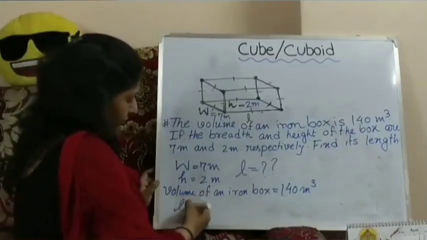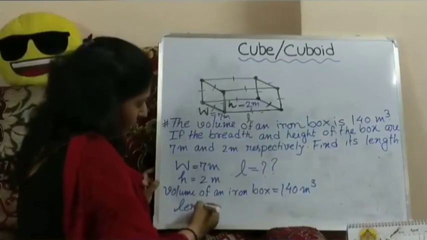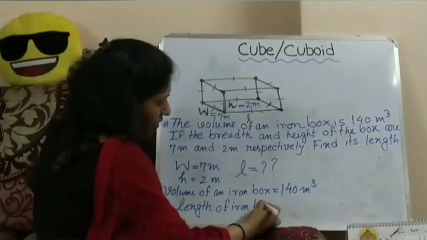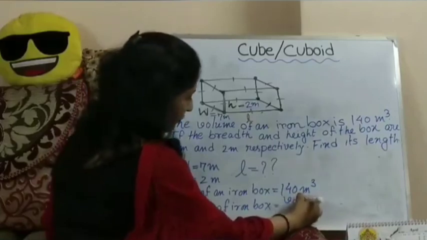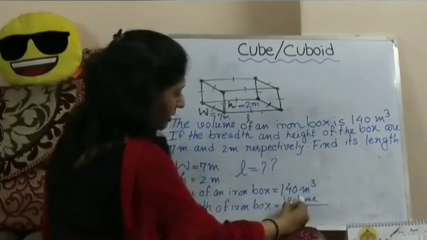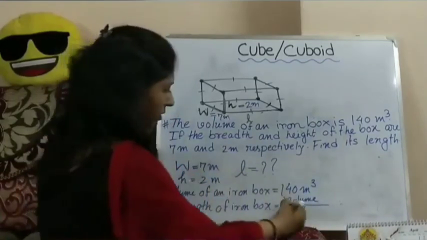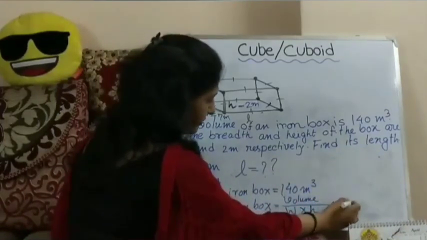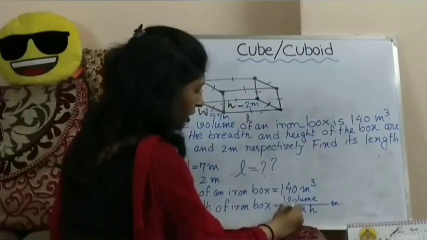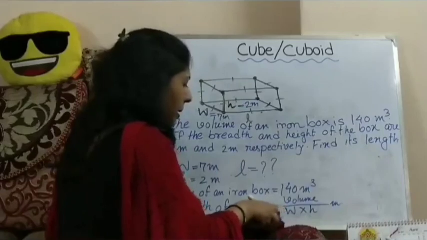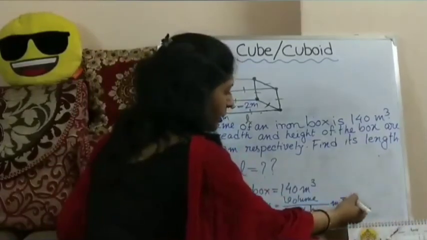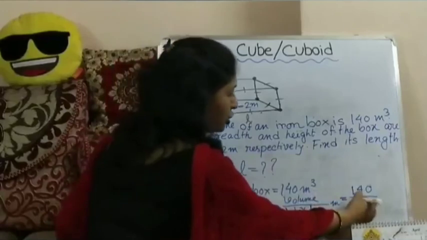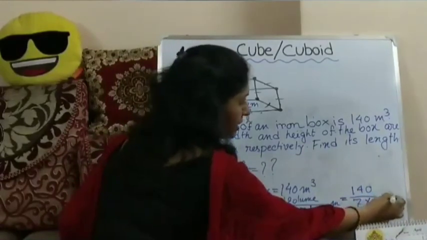Okay, so length of iron box, this is our formula, that is length of iron box equal to volume by breadth, breadth means W, into height H. So here volume, that is 140, and our width 7 and height is 2. 7 into 2 meter.